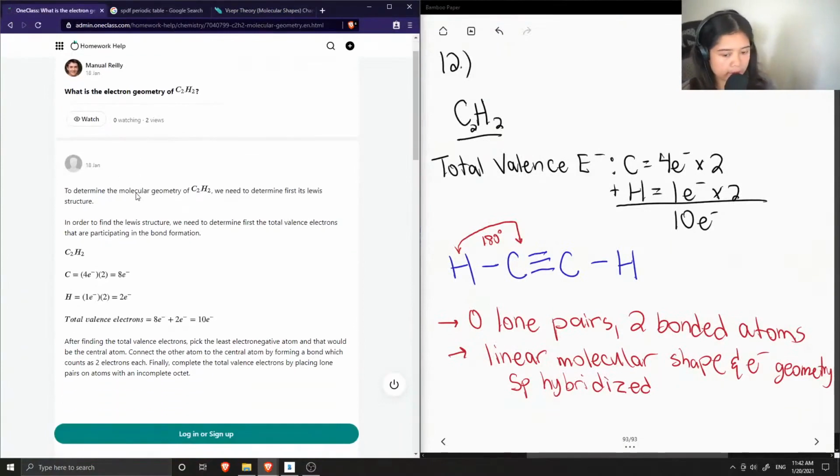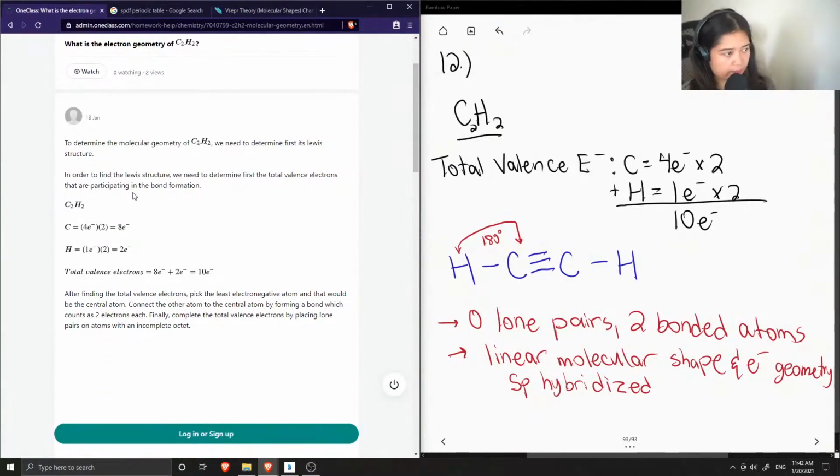Okay, so the junior tutor said that to determine the molecular geometry of C2H2, also known as ethine, we need to determine first its Lewis structure. In order to find the Lewis structure, we need to determine the total valence electrons participating in the bond formation. So they got 10.